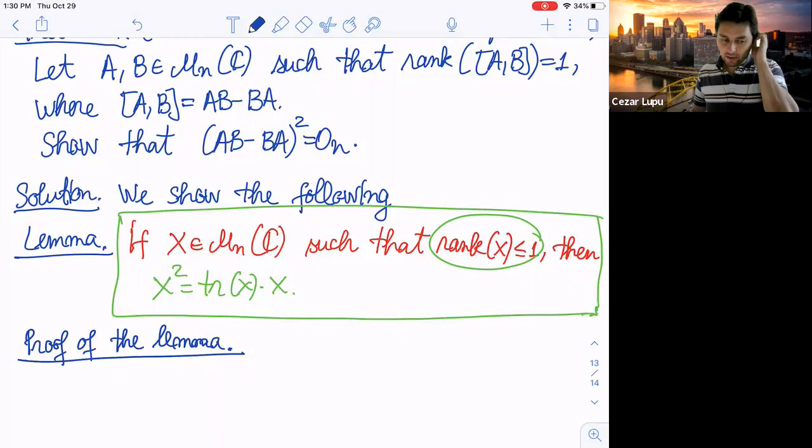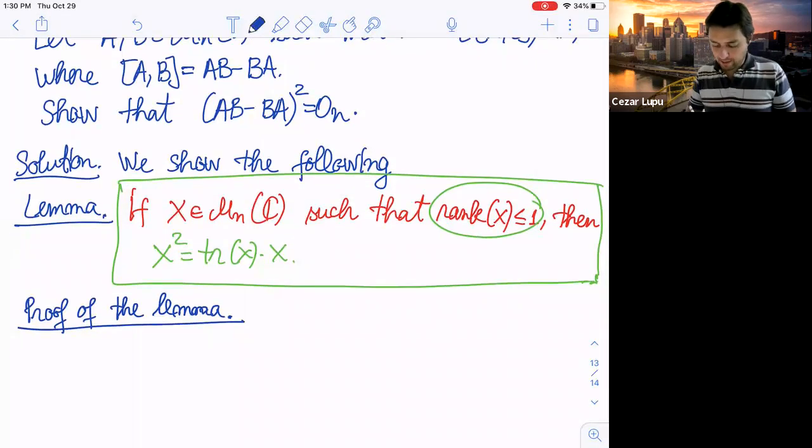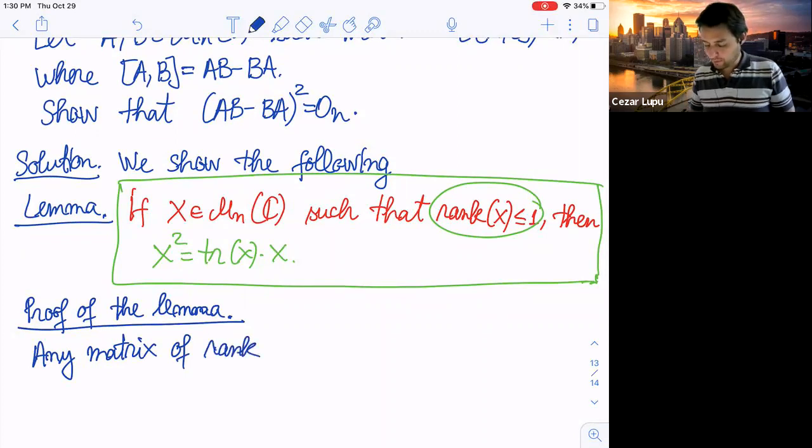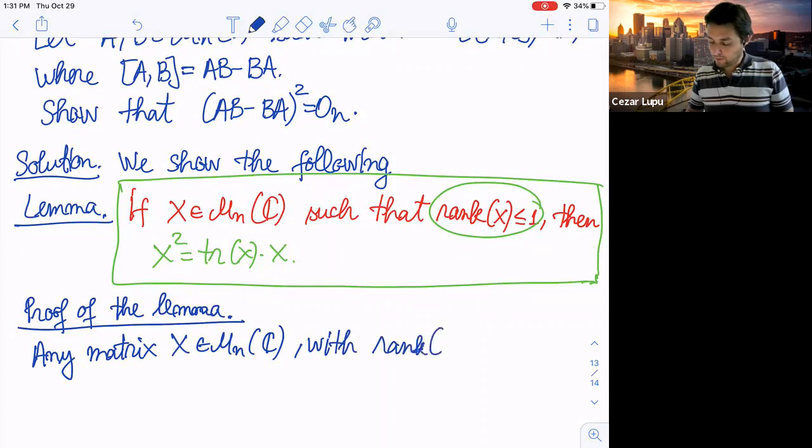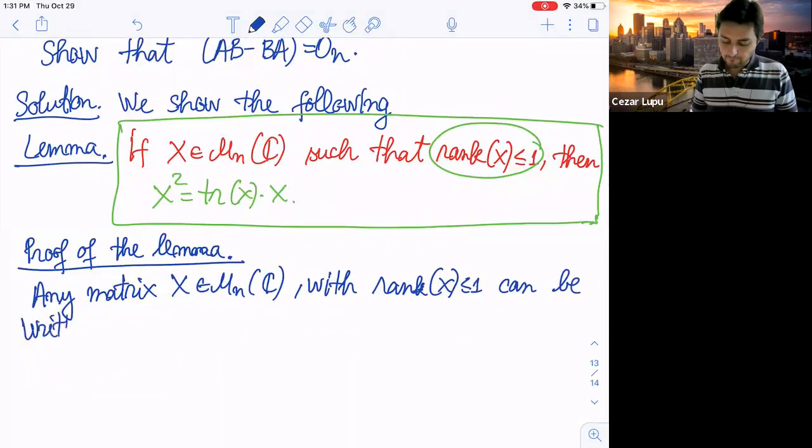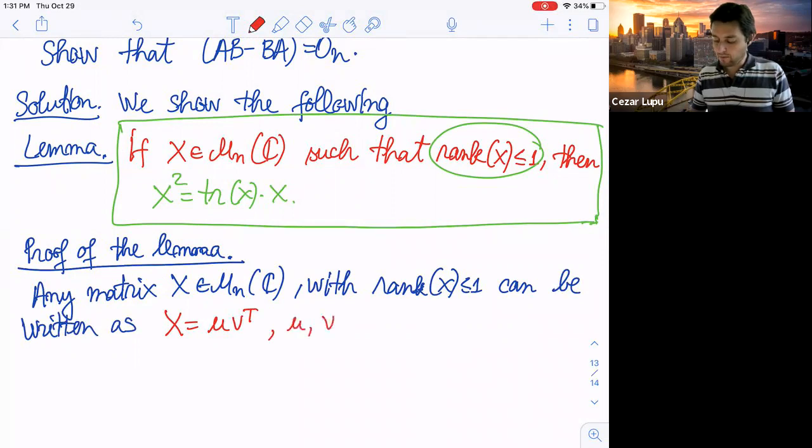Since the matrix has rank 1, any matrix X with rank of X less or equal than 1 can be written in the following way, as the product UV transpose, where U and V are column vectors.